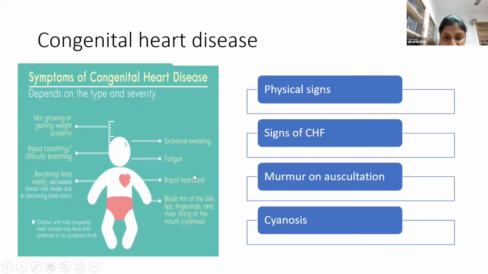On physical examination, we should always look for features of congestive heart failure, which will be a pointer towards congenital heart disease with increased left to right shunt and increased pulmonary blood flow. On auscultation, we find presence of murmur and other signs suggestive of cyanotic heart disease, like cyanosis on skin, lips, fingernails, etc.